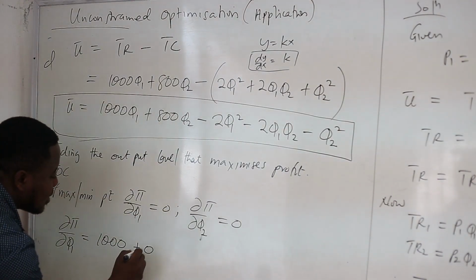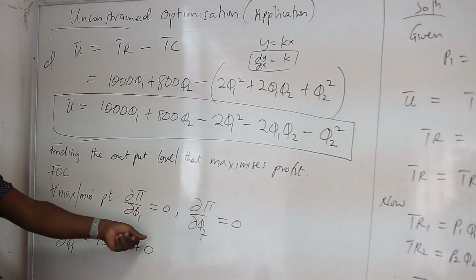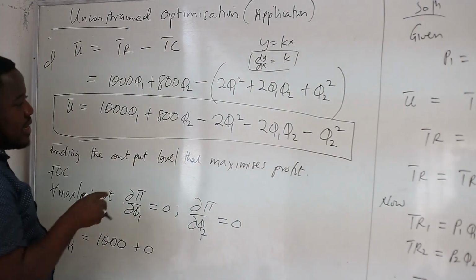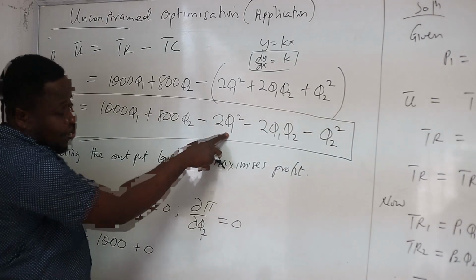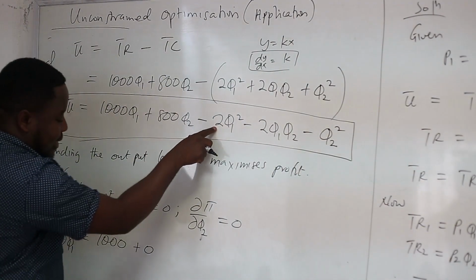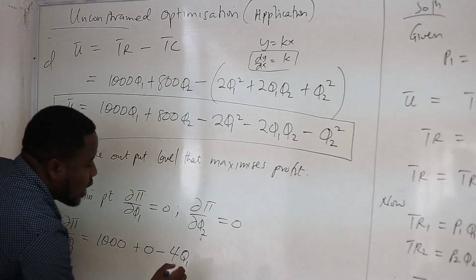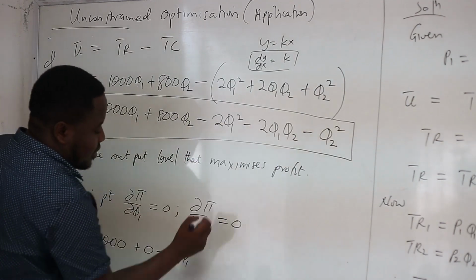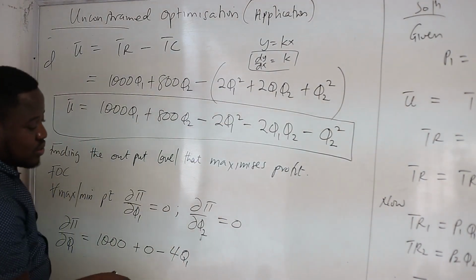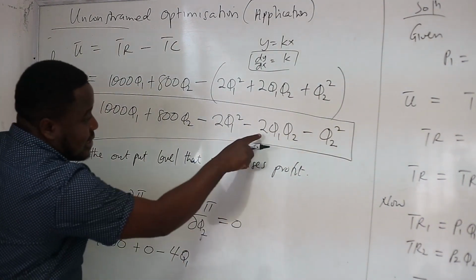So plus 0. In the exam, you don't have to write when you have that. Then there's q1 here. So we differentiate this. So we have minus 2, these 2 will come down to multiply this. So we have minus 4 q1. 2 minus 1 will give us to the power 1, but we don't write to the power 1. Then there's q1 here.